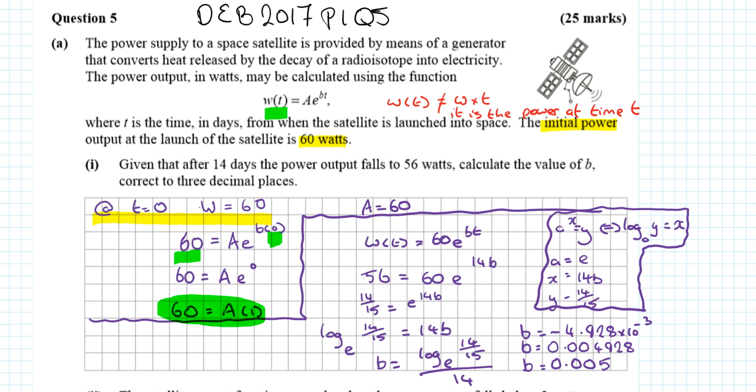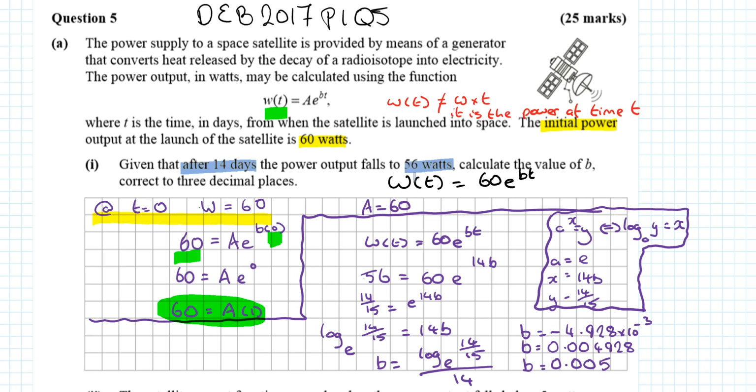So at this point, when you have a new piece of information, you should always use that and rewrite the original formula. So the formula now does not have an unknown in it. It's W of t is equal to 60 e to the bt. So b is now our unknown. So given that after 14 days, the power output falls to 56 watts.